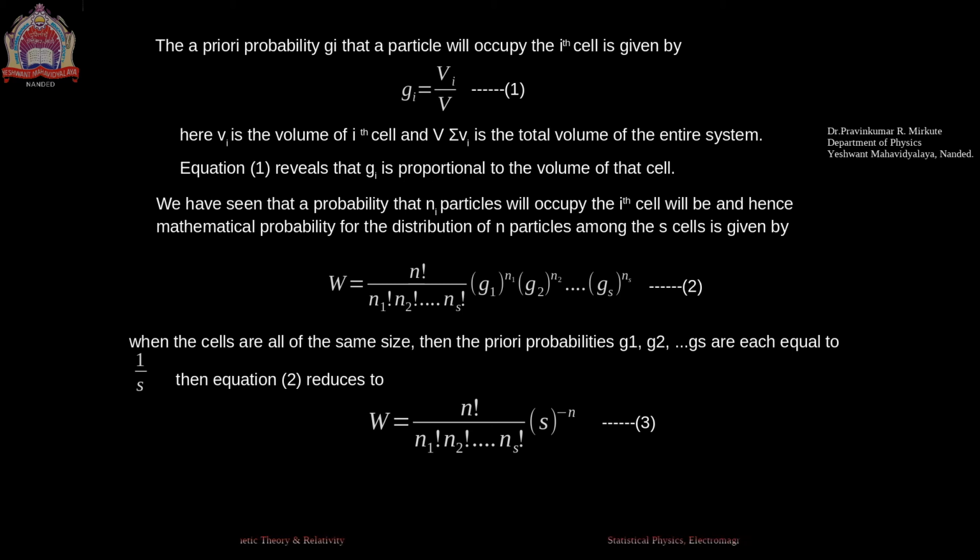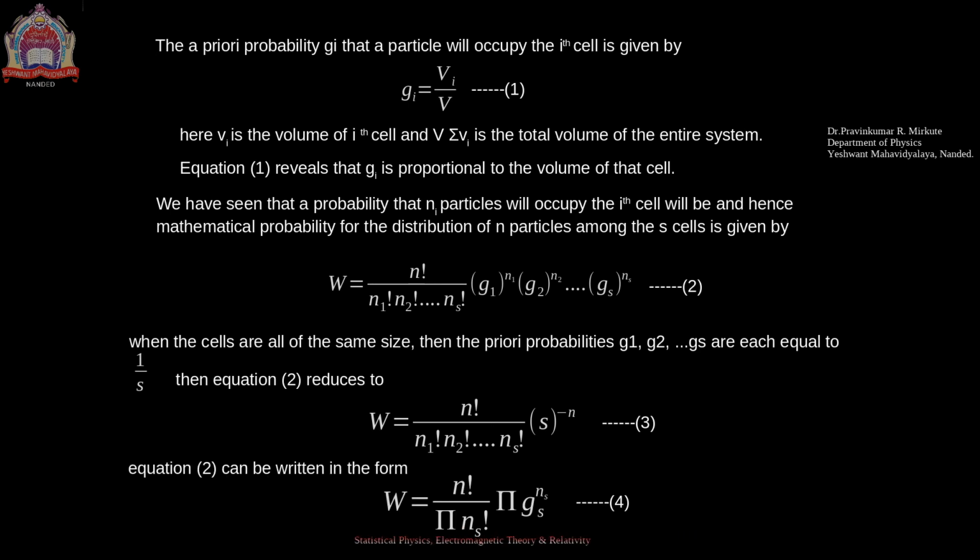Equation 2 can also be written in the form W is equal to N factorial divided by the product of Ns factorial, times the product of gs raised to Ns.